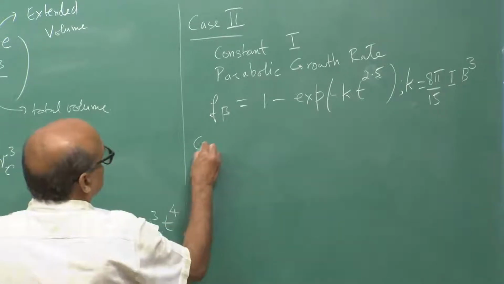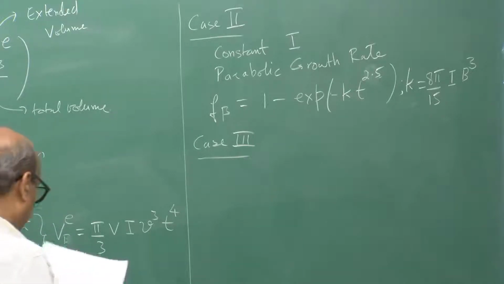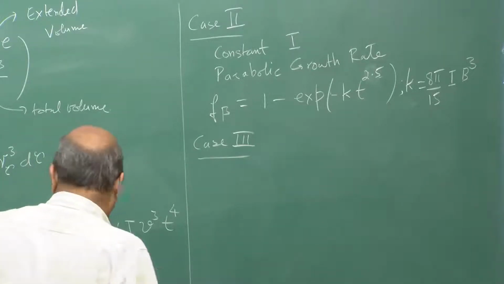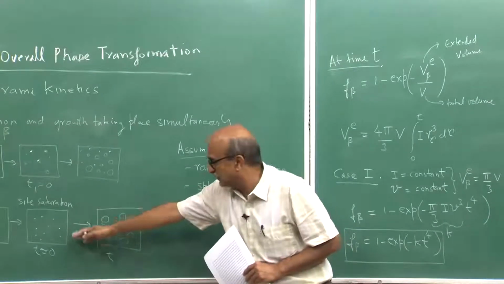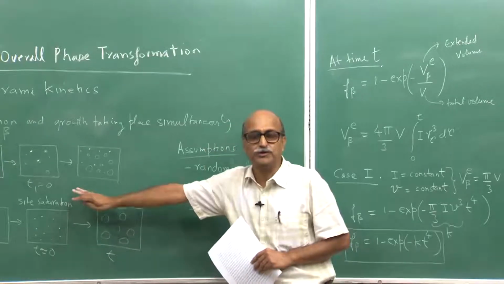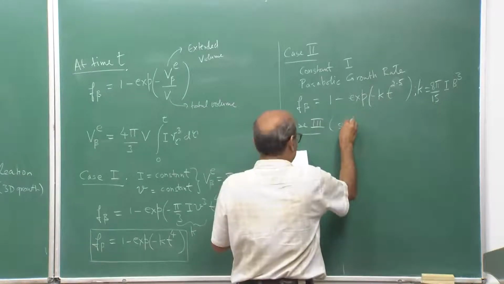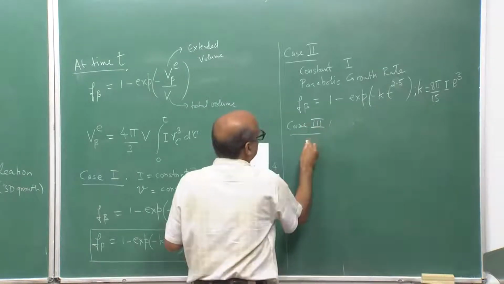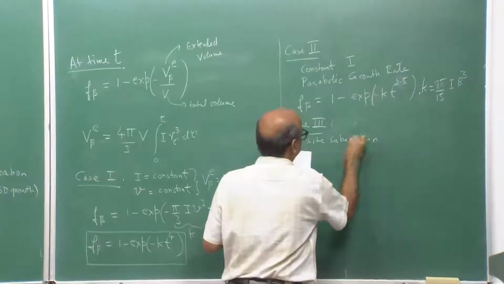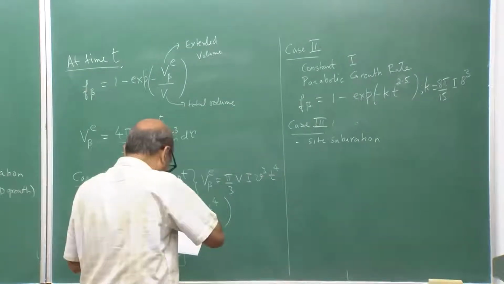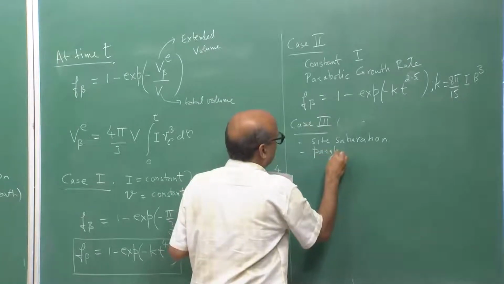A third case is a situation which we discussed here, that site saturation has taken place and essentially at time t is equal to 0 all nucleation is complete. So, I will call this a case where site saturation has occurred and let us say along with this the growth rate is parabolic.